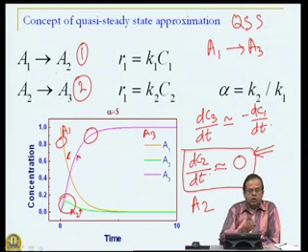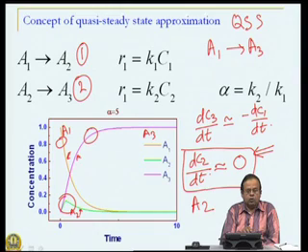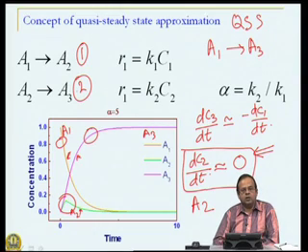Now, let us look at what is actually happening. A1 is going to A2 at a relatively slower rate, and A2 is going to A3 at a relatively faster rate, which implies that as soon as A2 is formed from A1, it undergoes reaction to form A3.